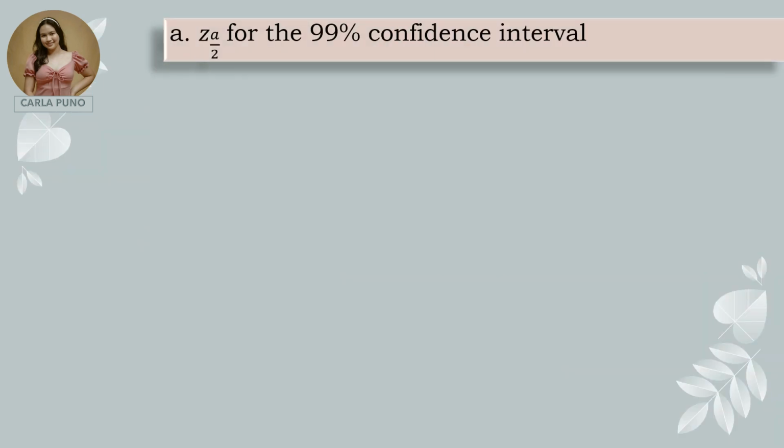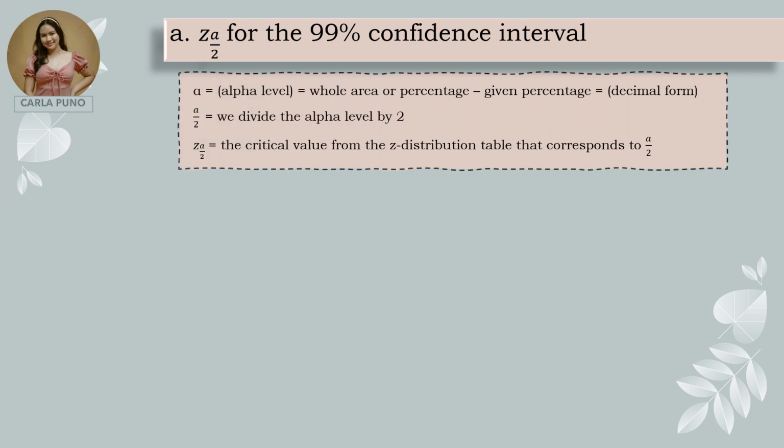Letter A, Z sub alpha divided by 2 for the 99% confidence interval. We have alpha, or the alpha level, the whole area or percentage, minus the given percentage, and it must be in the decimal form. Next, alpha divided by 2, we divide the alpha level by 2.